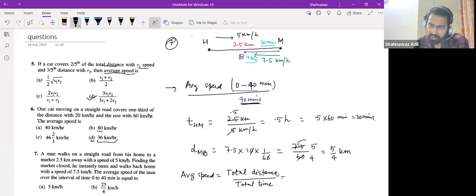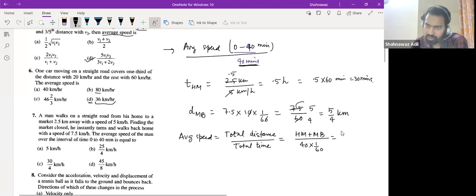So total distance is HM plus MB, divided by 40 minutes, which is 40 by 60 hours. So the answer is in kilometer per hour, right? So this is 2.5 plus 5 by 4, which is 1.25 kilometers.